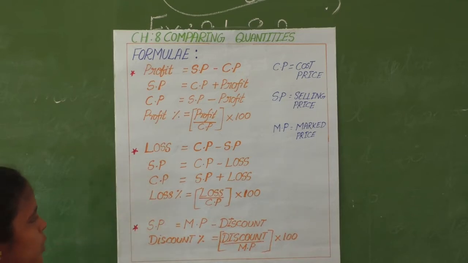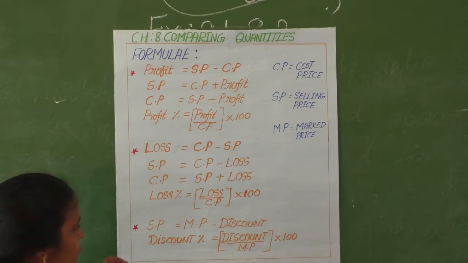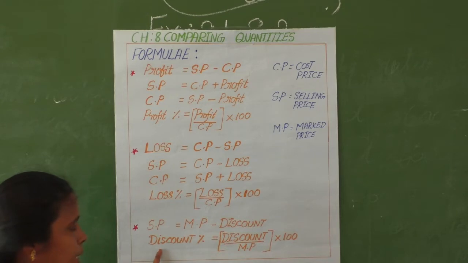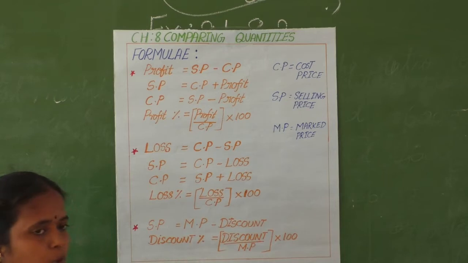Now we are going to see newly discount, marked price, list price, sales price, and all that. What is a discount? Nothing but reduction amount on the sales price. You are going to shop for purchasing some item. There will be some amount marked on the dress, but they will tell a 10% discount for this.